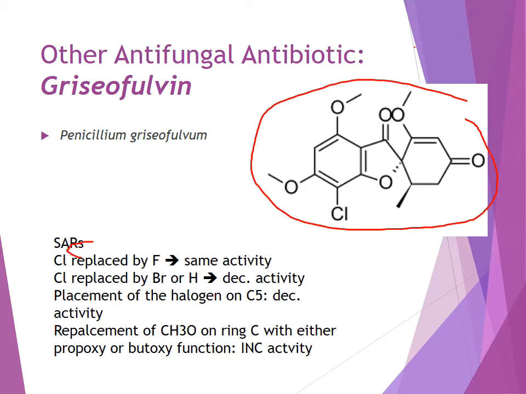Once chlorine is replaced by our fluorine, same lang yung kaniyang activity. Pero pag ito ay napalitan ng bromine and hydrogen, decrease ang activity. And once you place a halogen on carbon number 5, it will also decrease the activity.